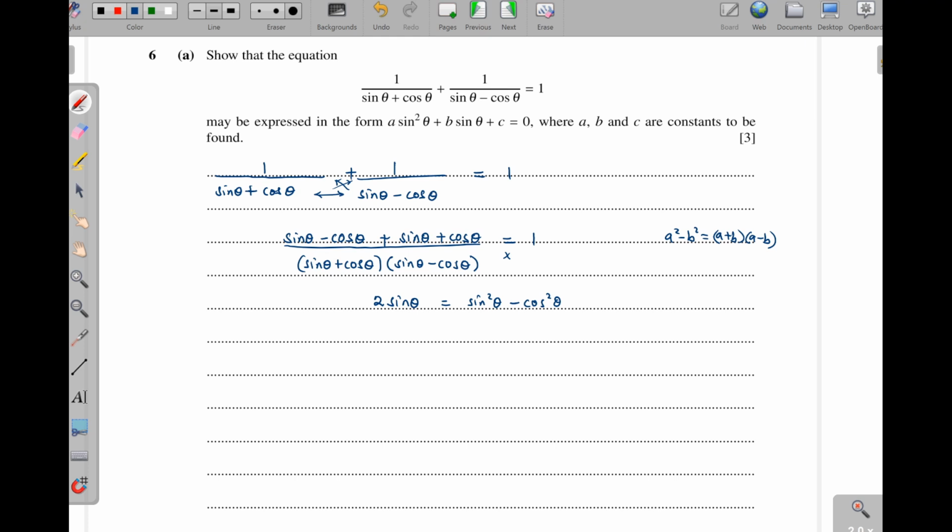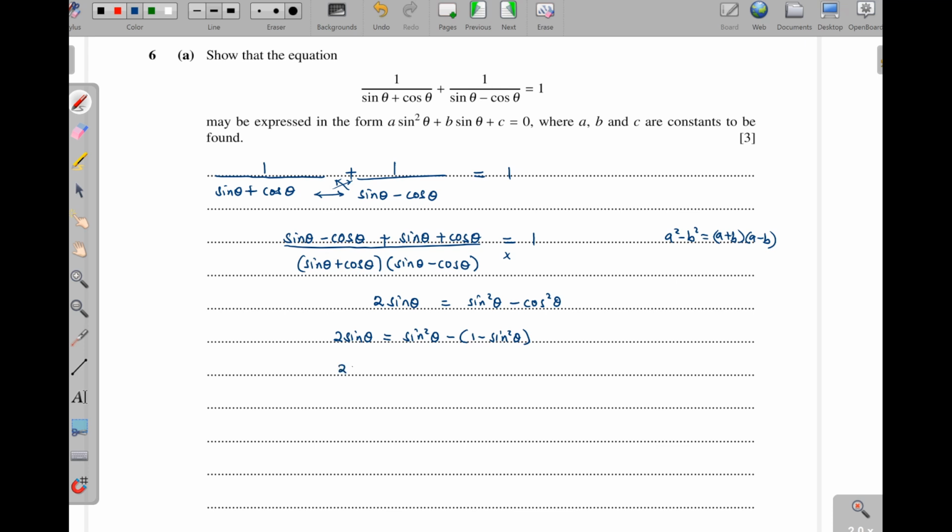And we also know that, based on what we are having here, we need to express cos squared theta in terms of sine squared theta. And you know the Pythagorean identity in trigonometry, which says that sine squared theta plus cos squared theta is equal to 1. Therefore, cos squared theta is equal to 1 minus sine squared theta.